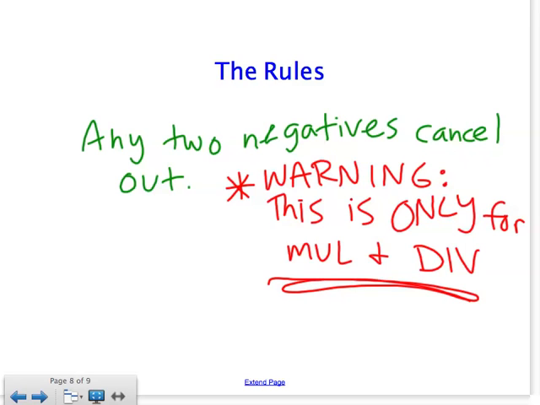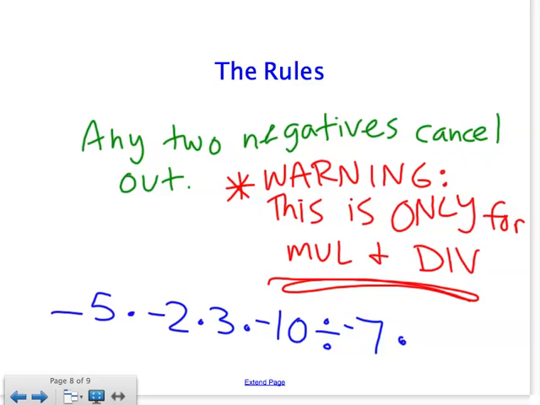So if I were to have a big problem with a whole bunch of negatives, as long as it's all either multiplication or division, I could go through, and for every two negatives, so negative, negative, negative, negative, and this one is the lone one.